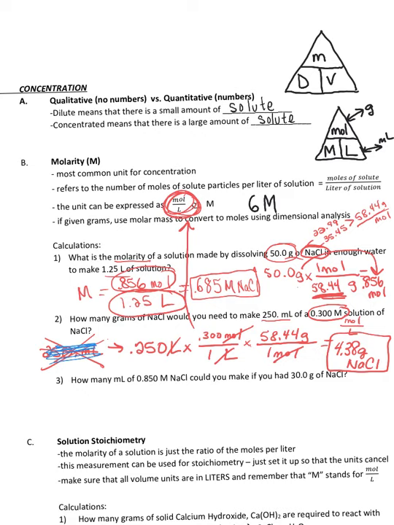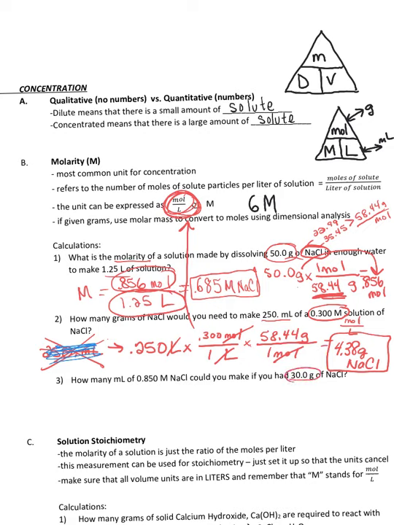My final problem here asks how many milliliters of 0.850 molar NaCl could you make if you had 30.0 grams of NaCl. If you've noticed, I've never started my problem off with my molarity, and that's probably a very good thing to notice.